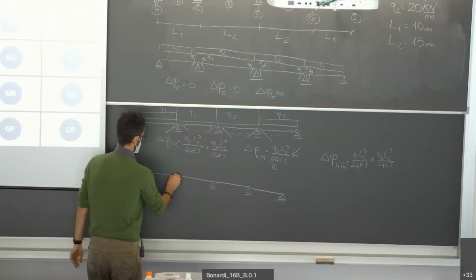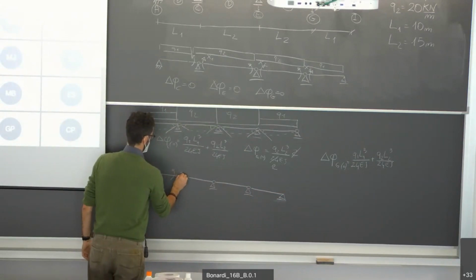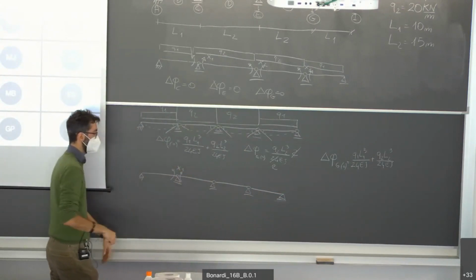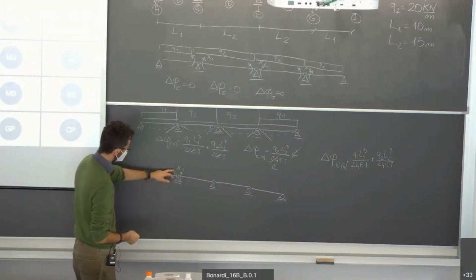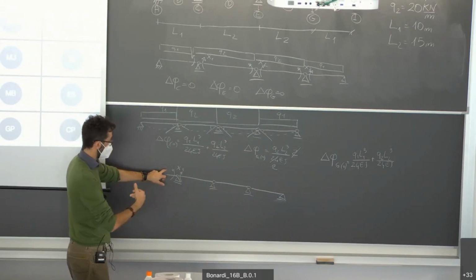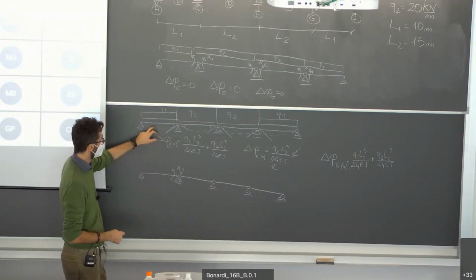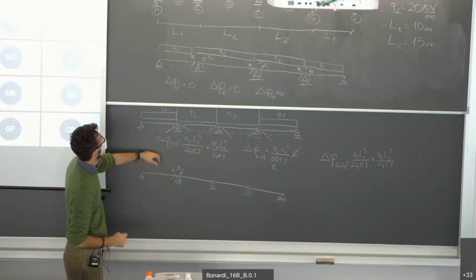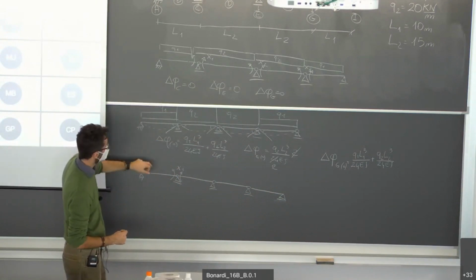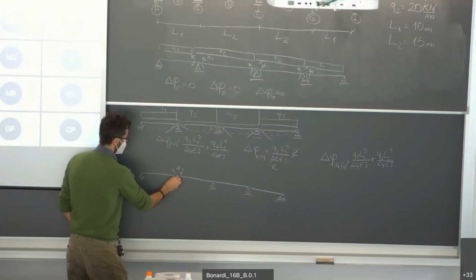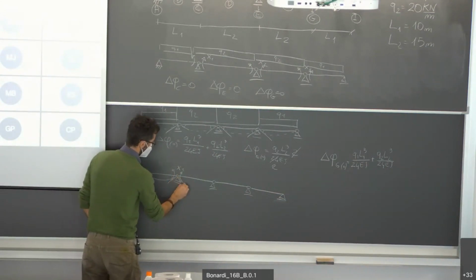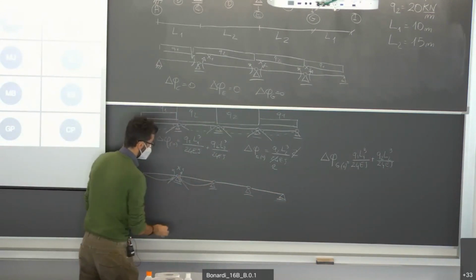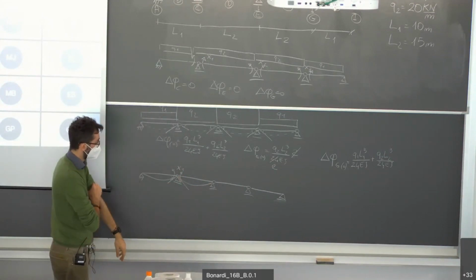Okay, so we have the generic x1 applied. We don't know its value, but we know that if we apply a counterclockwise moment in the node C in the beam AC, we will have here a counterclockwise rotation. Same stuff, but with opposite sign in the adjacent beam.